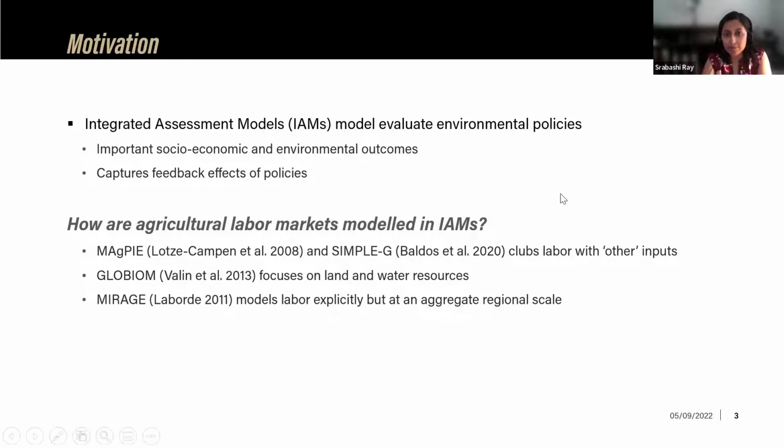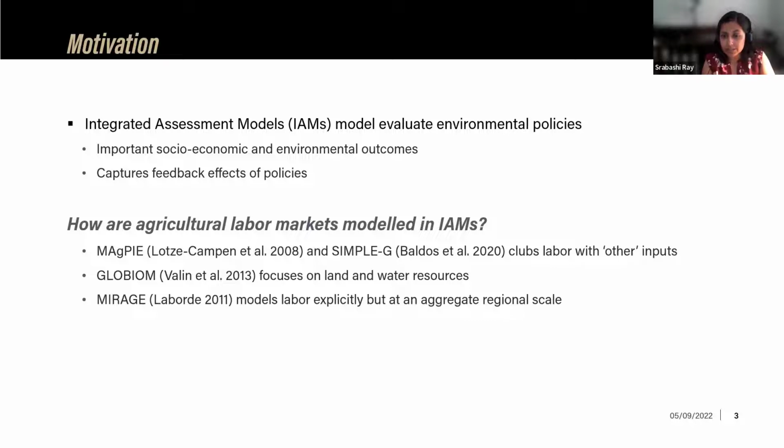However, it is important to understand how agricultural labor markets are modeled in IAMs. Ruiying spoke about one of them, the MACPI model, as well as the Simple G model. In both these models, labor is clubbed under other inputs, which also clubs together fertilizer, chemicals, and so on.